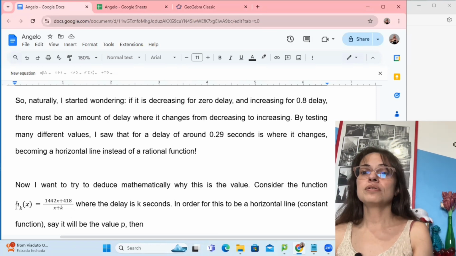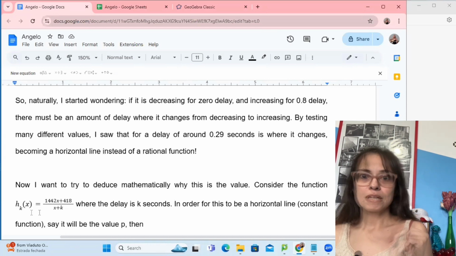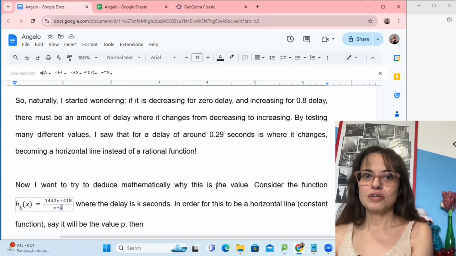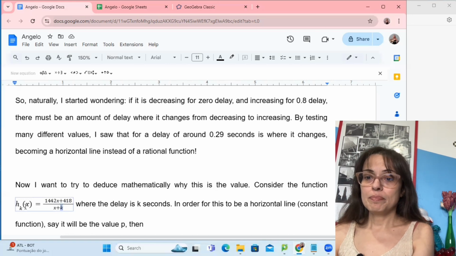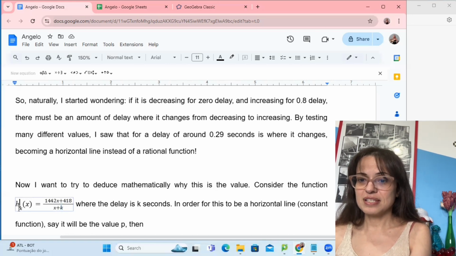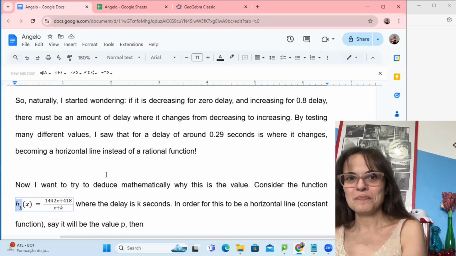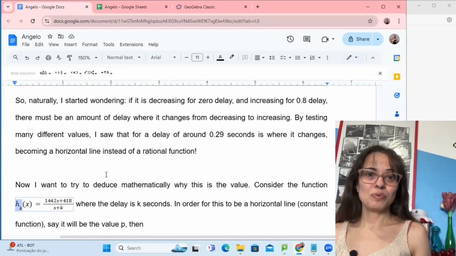Consider the function h_k, with a k. And this is a good thing in terms of notation to show that you are comfortable doing. The k here in the denominator is the same as we just typed in GeoGebra. I know you're comfortable with that. But this k here, the subscript k in the name of the function h_k, not everybody is comfortable with that.